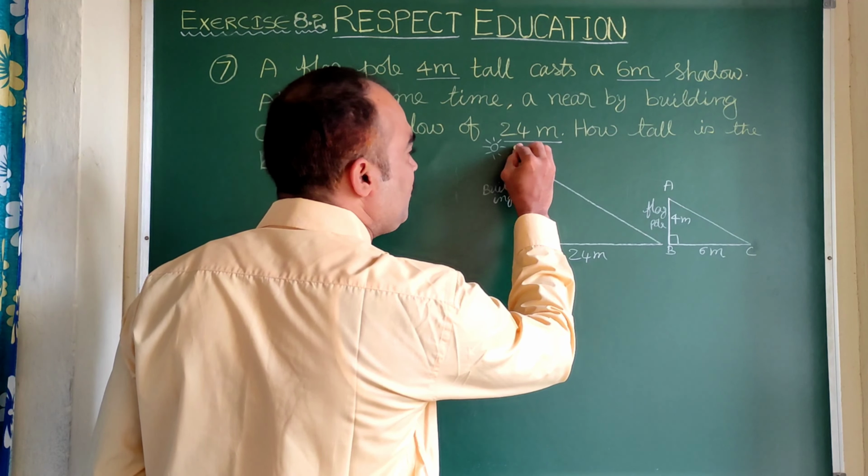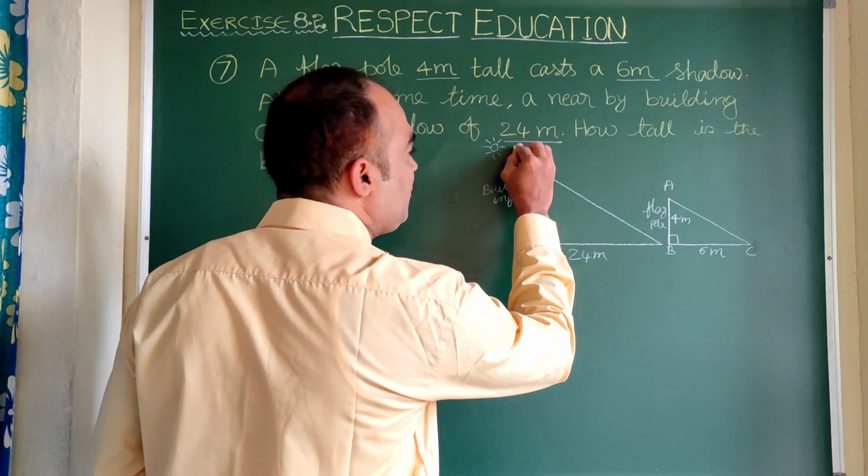Now here let us start solving this problem. Now our target is to find H. Here you observe both the triangles, triangle ABC and also triangle DEF. So I am writing here from triangle ABC and triangle DEF.